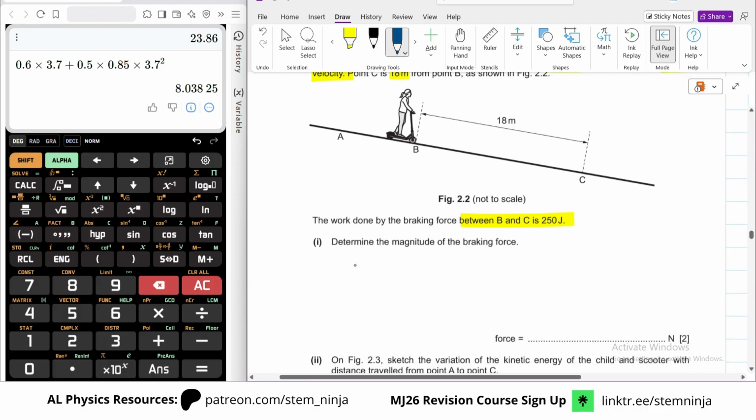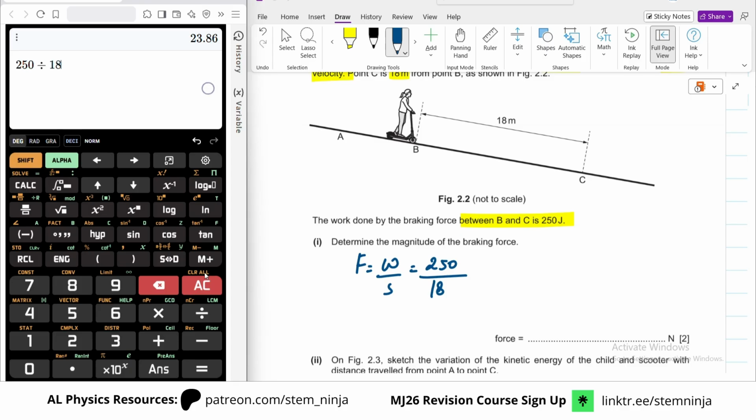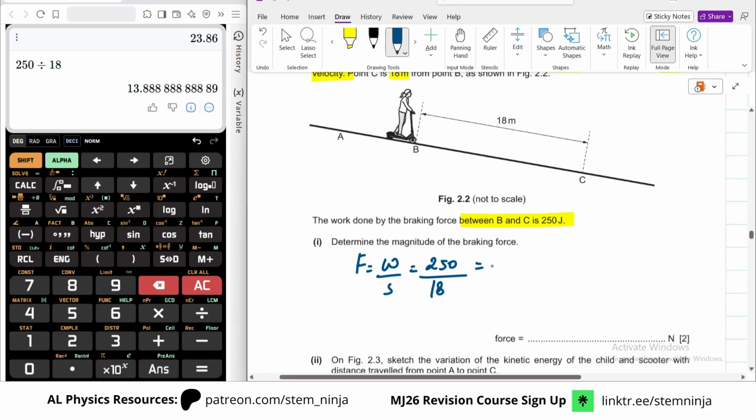The work done is your force times displacement. The work is 250 and the displacement covered is 18. So 250 divided by 18, the braking force is 13.889. So let's call it 14.